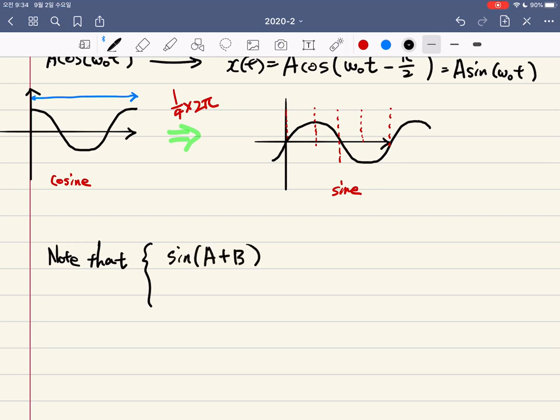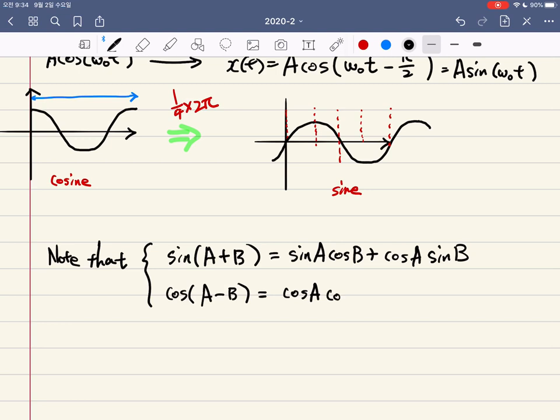Sine of A plus B is sine A times cosine B plus cosine A times sine B. And also, cosine of A minus B can be seen as cosine A times cosine B plus sine A times sine B. And if you want to see the proof, refer to some basic mathematical textbook and you will find it.